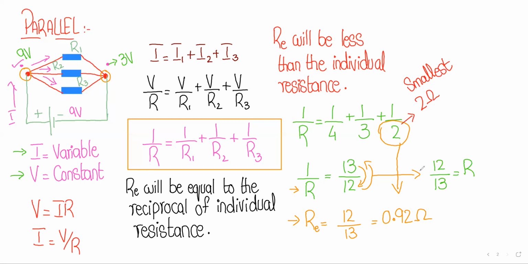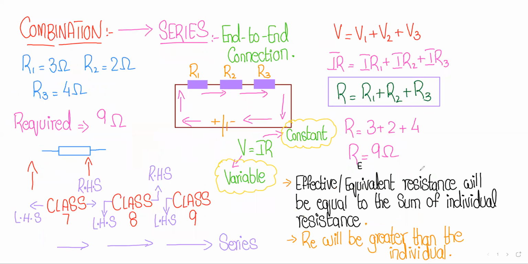So you only compare with the smallest value, not the denominator, only the values of resistors that are given in the question. We are comparing these values, all three. When we are joining them in series, we compare with the greatest value, that is 4 ohms.